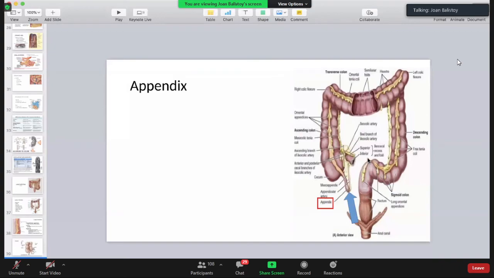Therefore, it has considerable freedom. Okay. Now, the tinea coli disappears at the level of the sigmoid colon. So in the rectum, it is now replaced by longitudinal muscle.